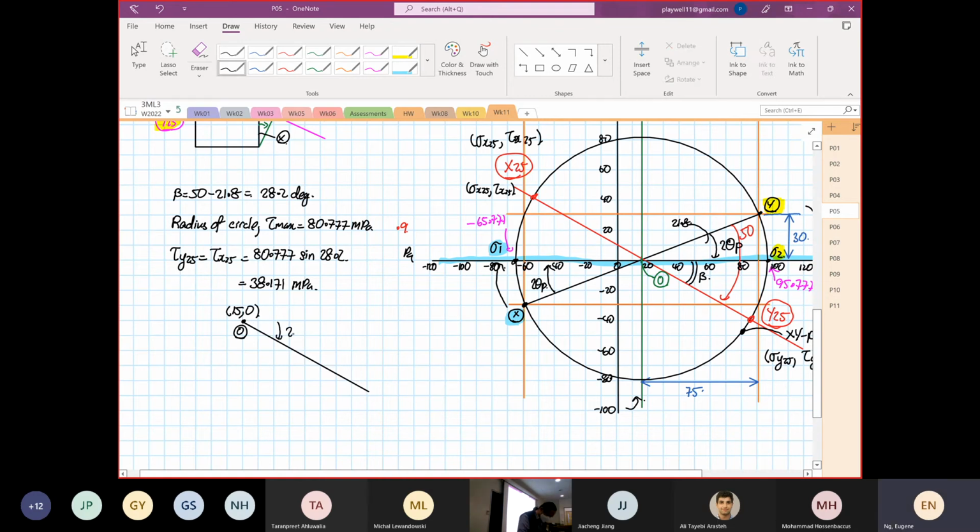We know the radius of the circle is equal to 80.777, right? So now we know that this is a right angle triangle.